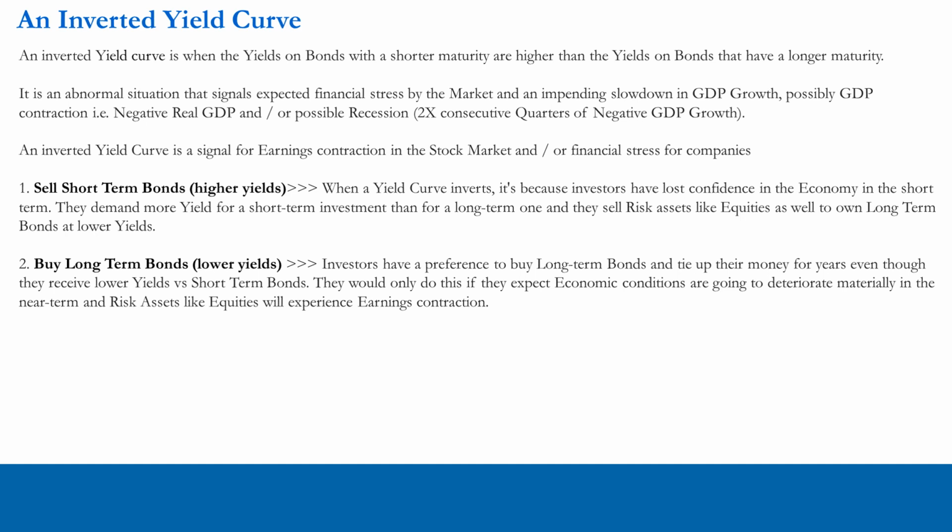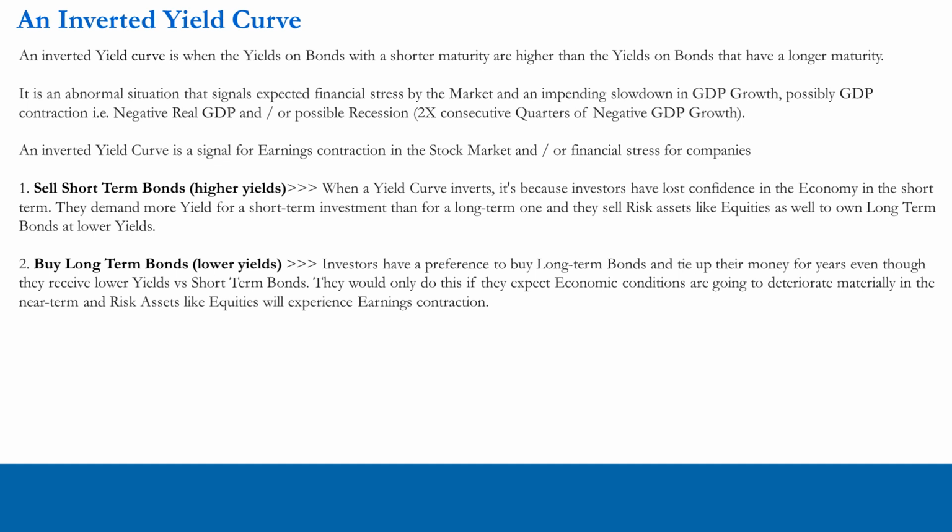So in terms of inverted yield curves, what is it? Let's get this down. An inverted yield curve is when the yield on bonds with shorter maturity is higher than yields on bonds that have a longer maturity. It's an abnormal situation that occurs in the minority of times.